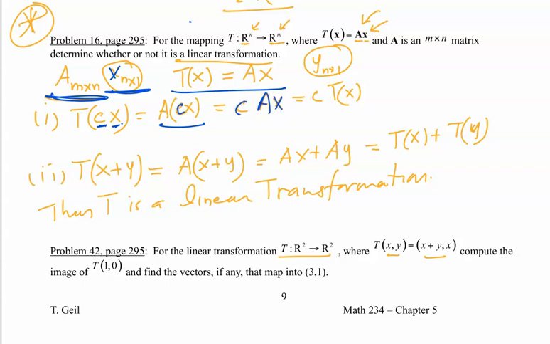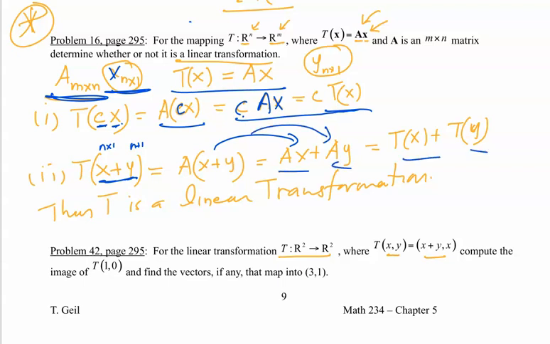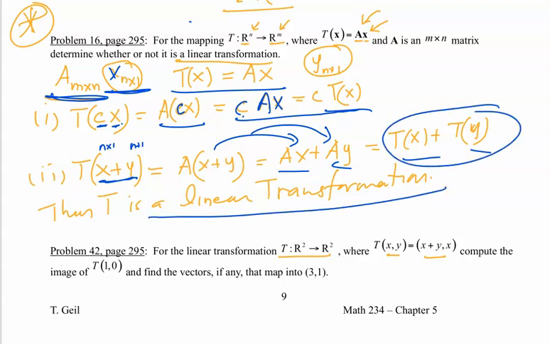That's the property, so you can write c times T of x. If x and y are two vectors, again n by 1, and you add them together, it's the same thing as this one, and that's the same thing as that. So this is a linear transformation. Matrix vector multiplication is a linear transformation. Just keep that in mind.